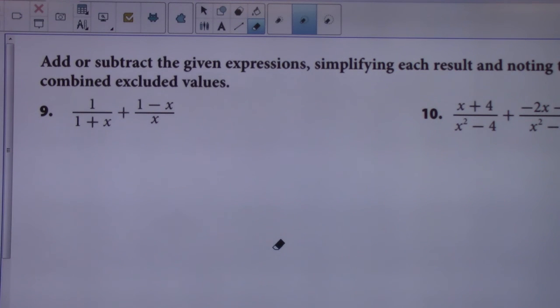All right, what are you gonna do with number 10? Dustin, what do you think? What are you gonna do with number 10? Zach, what are you doing with number 10? Oh, man, that's terrible.